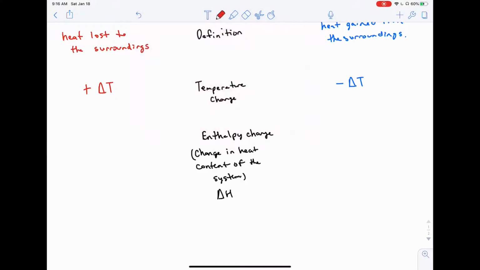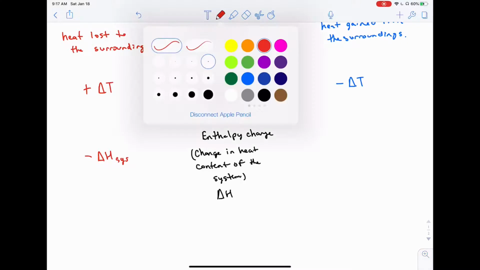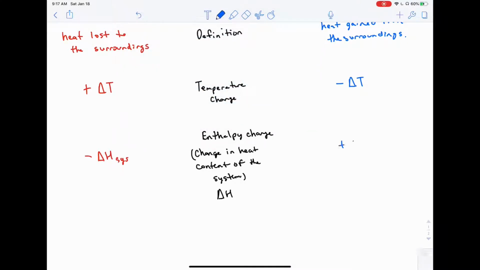For an exothermic reaction, you should have a delta H that's negative, because that's the delta H of the system. It's implied. Usually you don't write system as a subscript, but it's implied that it's always of the system, because it's releasing energy. In an endothermic reaction, the system should be gaining energy for the reaction to occur.